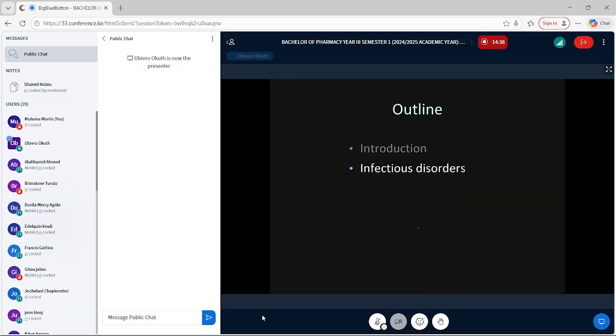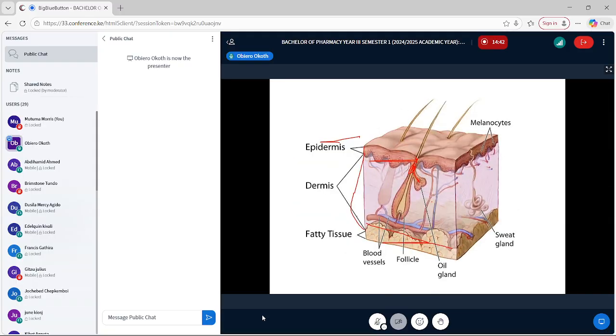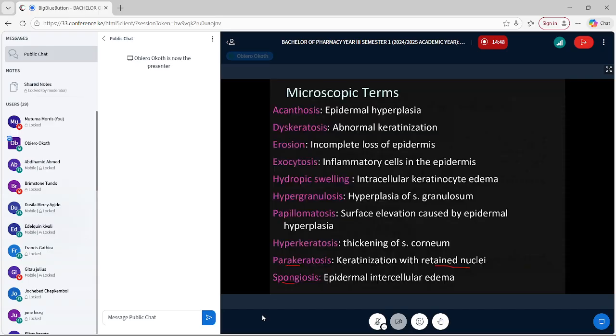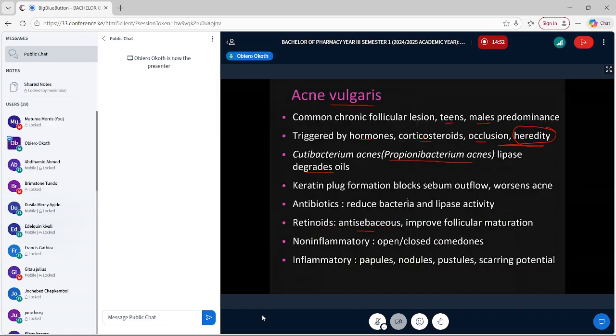Follicular maturation refers to this hair follicle you're seeing here. These are the follicular cells that are seen there. And you have two forms, open or closed. The range normally reflects an inflammatory response.